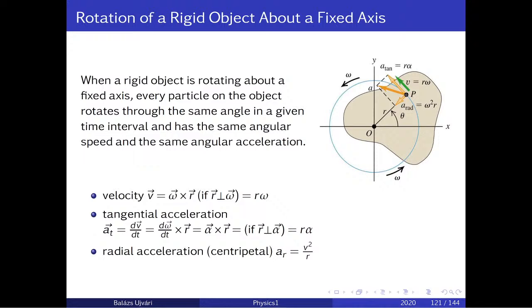This is the first kind of acceleration, the centripetal acceleration, which is true even for a constant angular velocity. But if we speed up the rotation, if there is angular acceleration, alpha here, if you multiply it with r, you will get the tangential acceleration. The full acceleration of a body will be the vectorial sum of these accelerations.